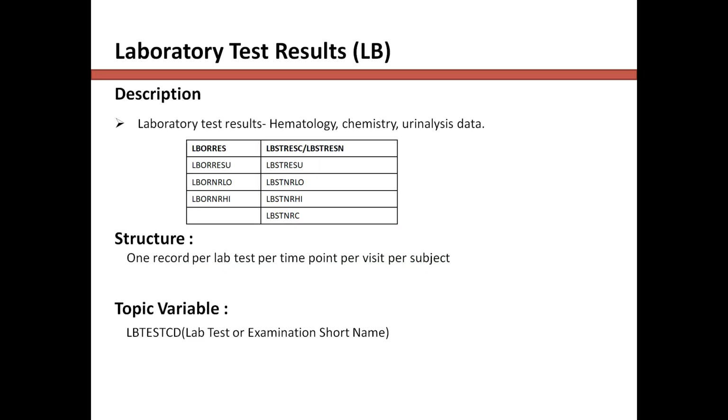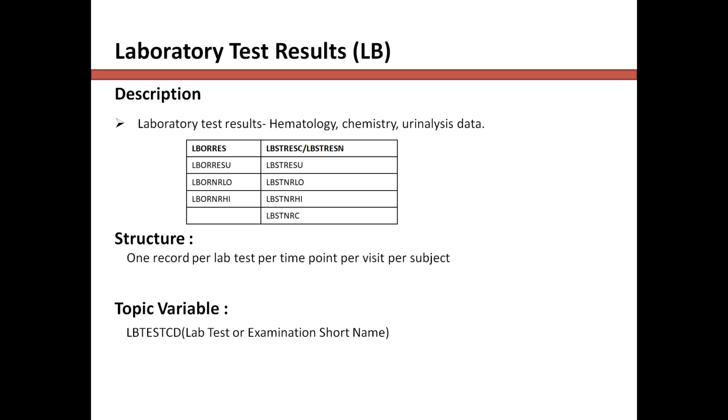One of the important domains is laboratory test results. It contains the laboratory test results during screening and during the visits of the clinical study, like hematology, chemistry, or urinalysis data. We have lab conversions from the original results to standard results.